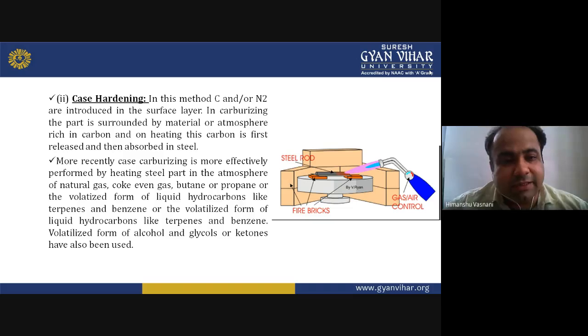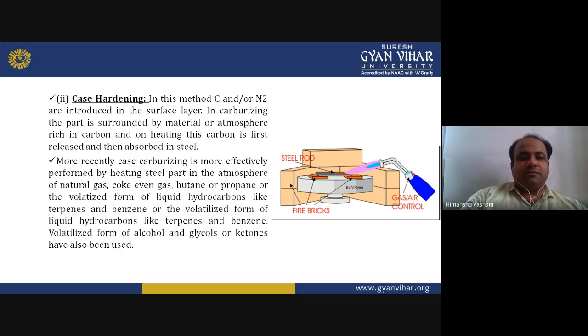More recently, case carburizing is more effectively performed by heating the steel part in an atmosphere of natural gas, coke oven gas, butane or propane, or the volatilized form of liquid hydrocarbons like terpenes and benzene.